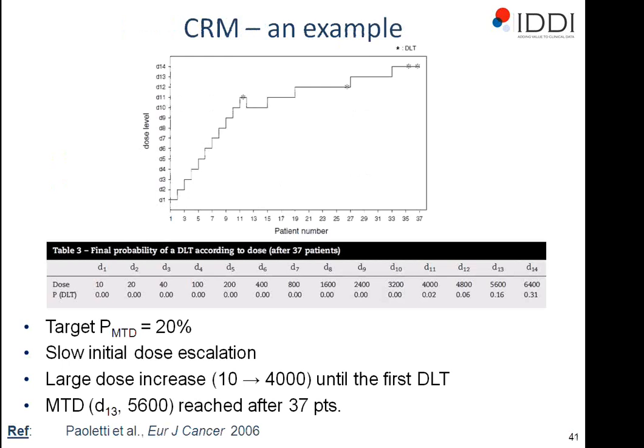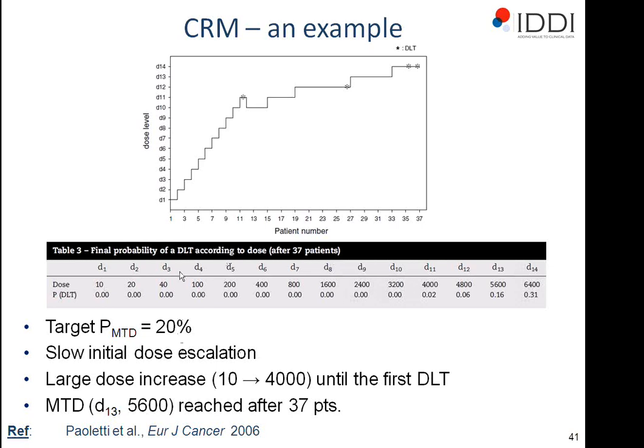Recently, there is a very interesting example which has been published by Xavier Paoletti and colleagues. The target DLT level was 20%, and the doses used in this trial ranged from 10 to 6,400. So there was a huge uncertainty about where the MTD might be.